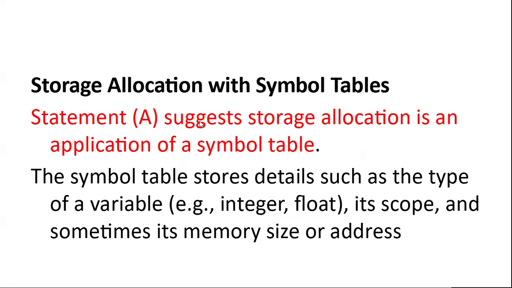The first statement suggests storage allocation is an application of a symbol table. That is what the definition of a symbol table says. The symbol table is used to store the whole program, that is, a variable and its scope, and sometimes its memory size or address. So this statement is true.